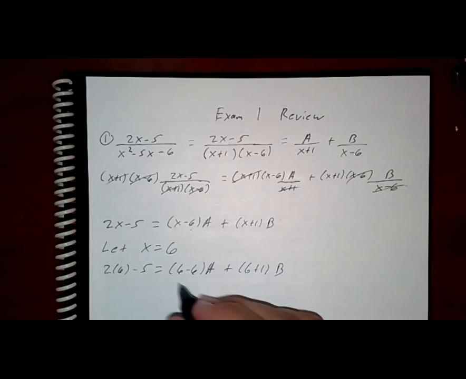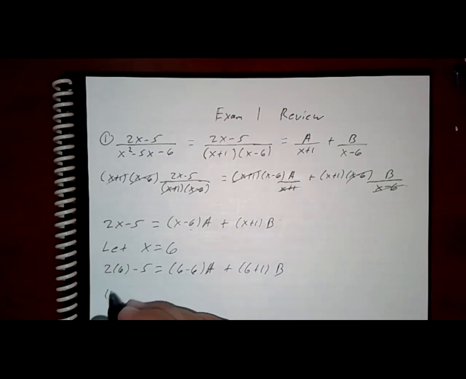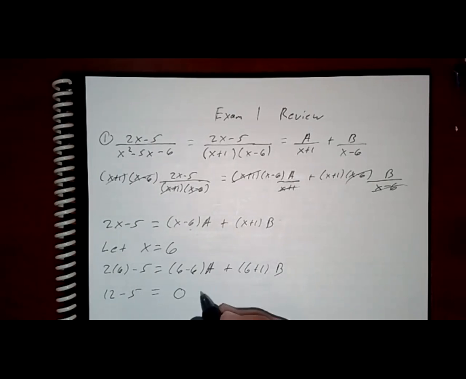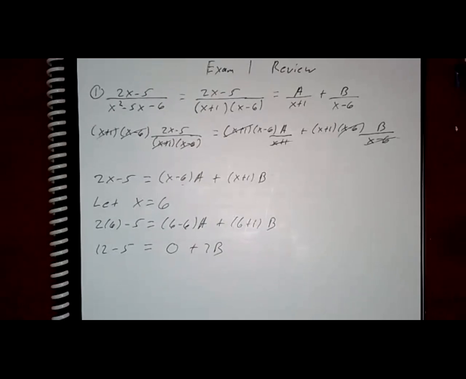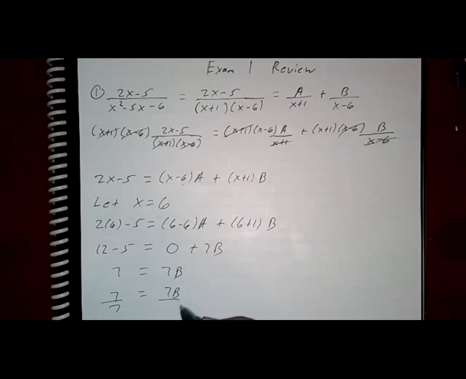So this would be 0, right? This would be 7b. That makes sense? So 12 minus 5, that is what, 7? 7. So divide both sides by 7 and you get b.